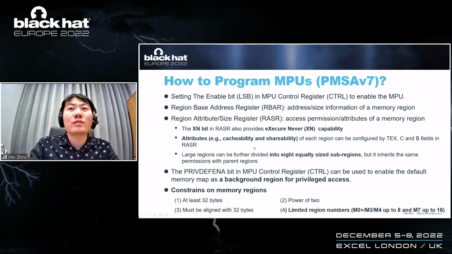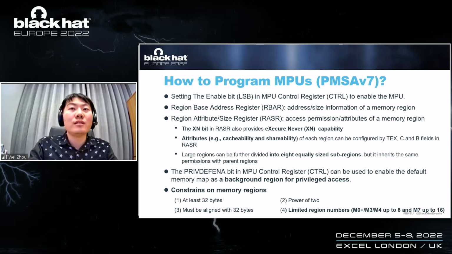Note that each range can be further divided into 8 sub-ranges, which all have the same permissions. Also, if you enable the background range, the unmapped memory space can only be accessed by the privileged level.